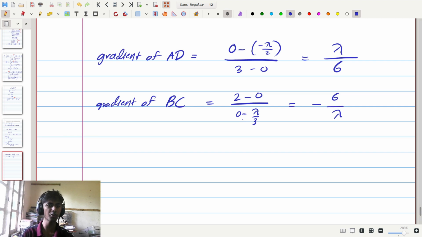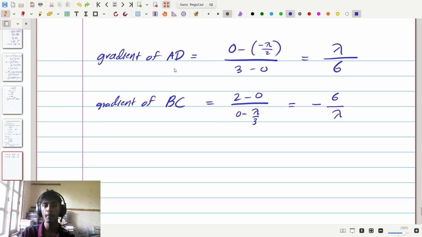Now additionally, we can also see that these two lines happen to be perpendicular, lambda over 6 and negative 6 over lambda. However, that is not relevant to us, since all we really care about here are the two gradient values and a point on each of these lines.